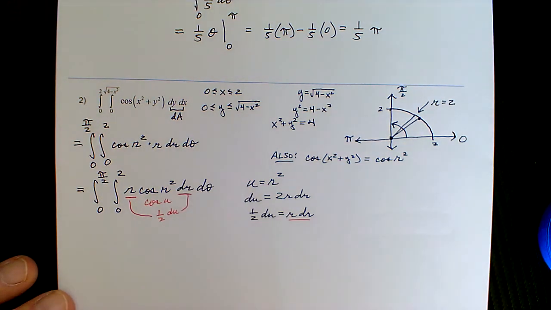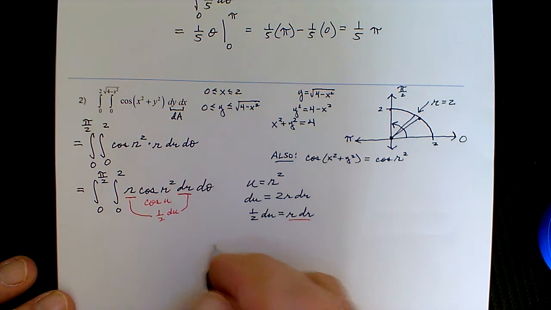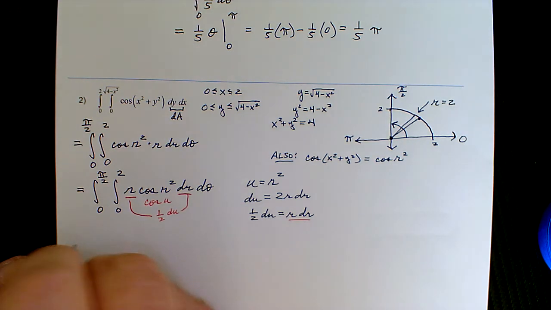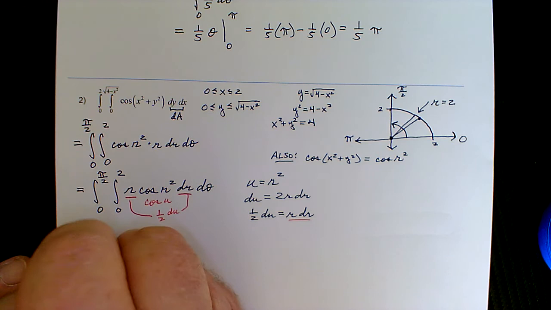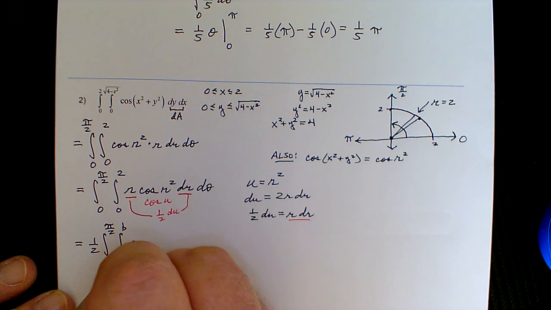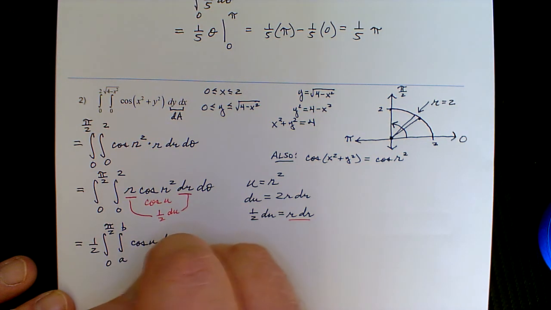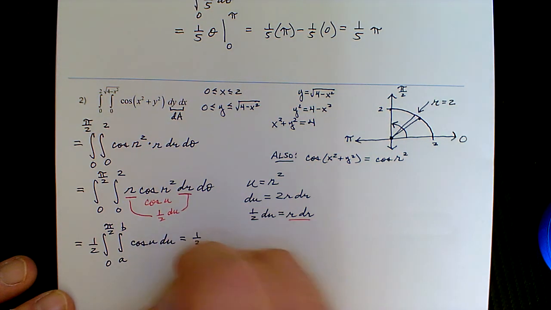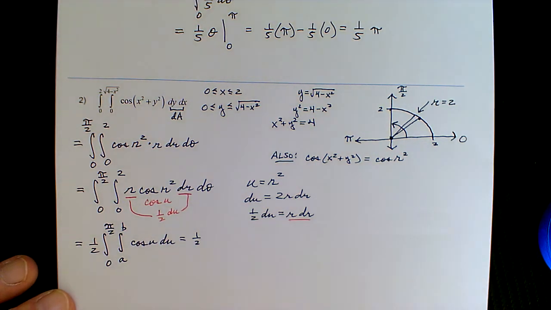Okay, so therefore we'll bring the 1/2 in front, have the integral from 0 to pi over 2, then we call it the integral from a to b, cosine of u with respect to u. Okay, and oops, my d theta there.